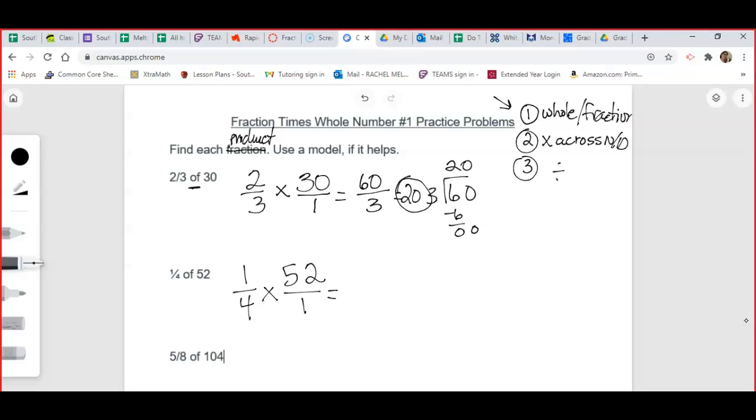Okay. Kaya, what do I do next? Cross the numerator and denominator. Okay, so we multiply. So everybody, 1 times 52. And 4 times 1. 4. All right. Jalen, what do I do next?